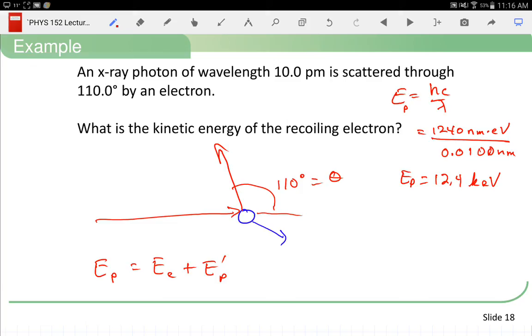What can I find with the Compton scattering equation? I can find the change in wavelength and thus the final energy of the photon.